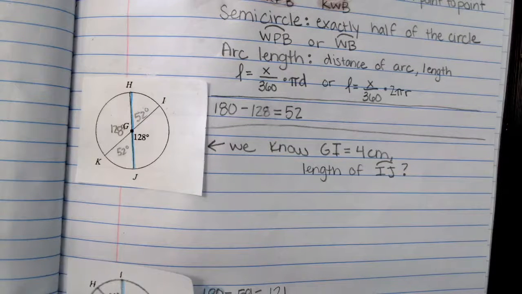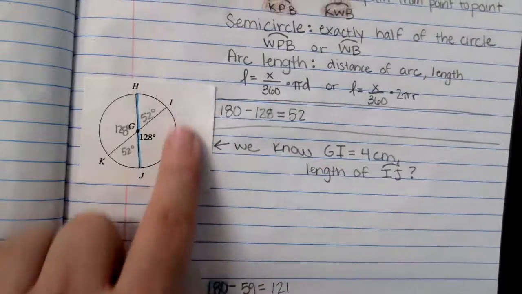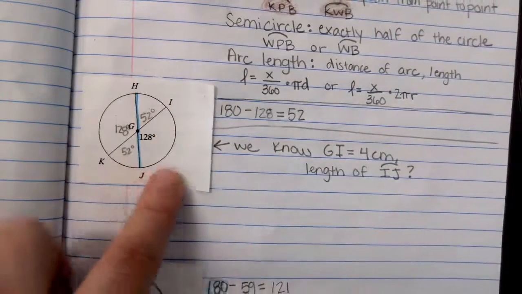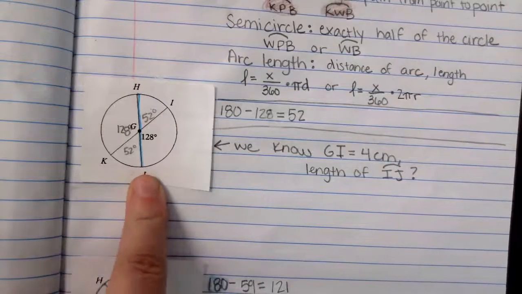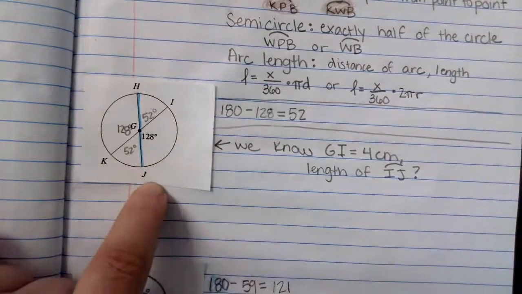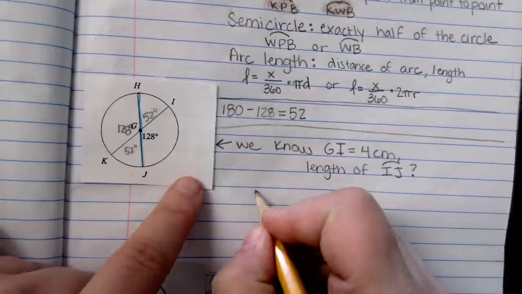128. So we're going to take 128 over, this is how we think about how much of the circle we are using. It's 128 degrees out of how many degrees total? What's the whole circle? 360, times our circumference formula.